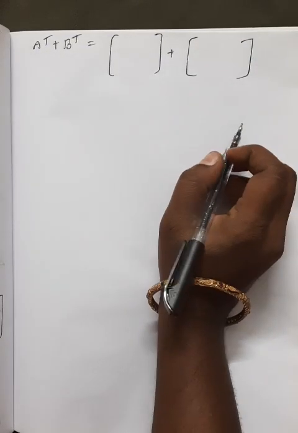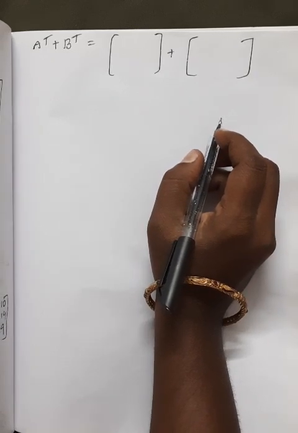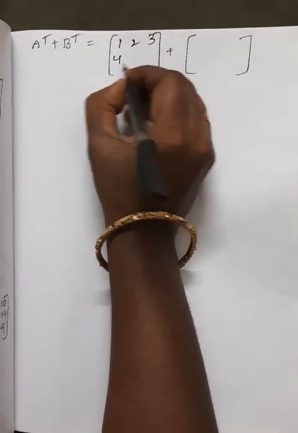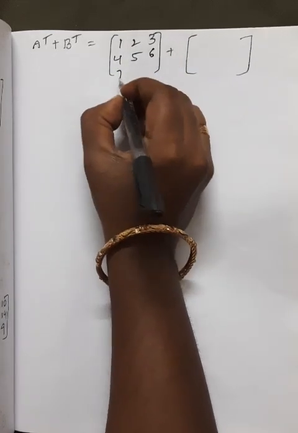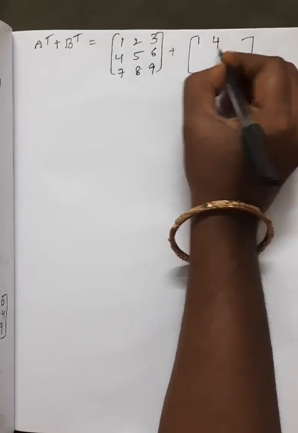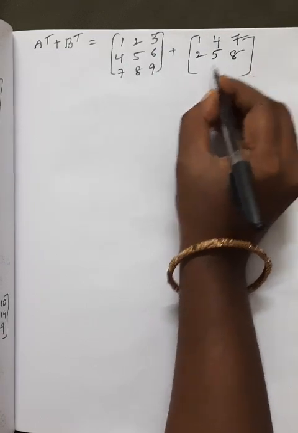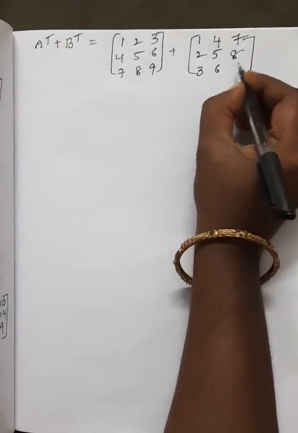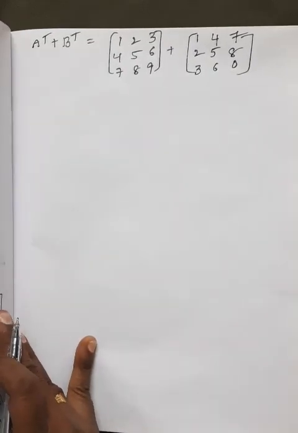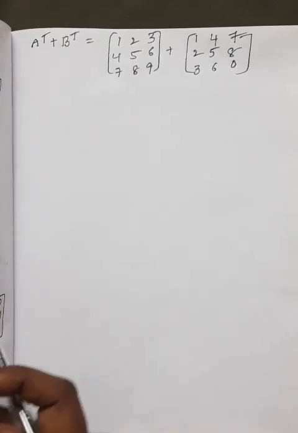Here you have to simply copy and paste those two matrices which we have obtained in the previous page: 1, 2, 3, 4, 5, 6, 7, 8, 9, and 1, 4, 7, 2, 5, 8, 3, 6, 0. So here I have copied the A transpose and B transpose matrices which we obtained in the previous page.